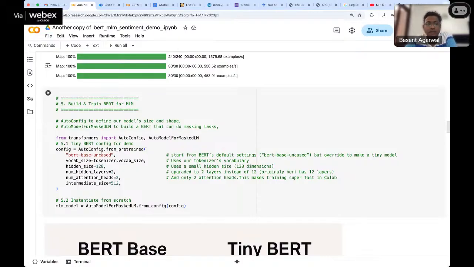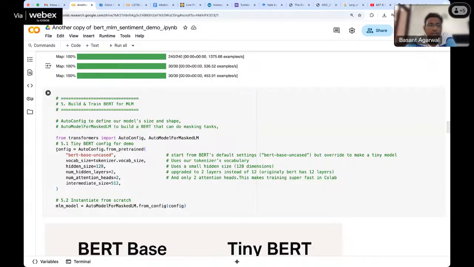But you just have to change this to the required size, whatever you want. These are the parameters which we have to give for the BERT model which we want to train from scratch for our data, the data which we have just prepared.